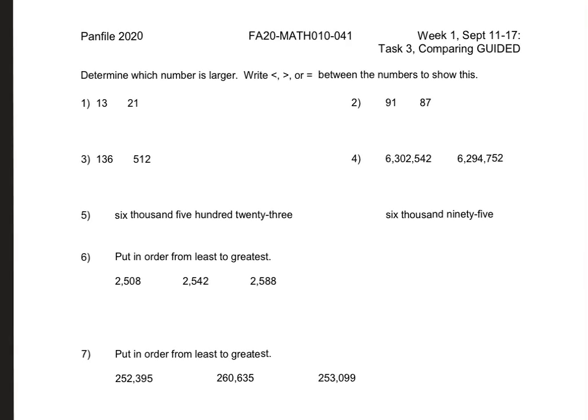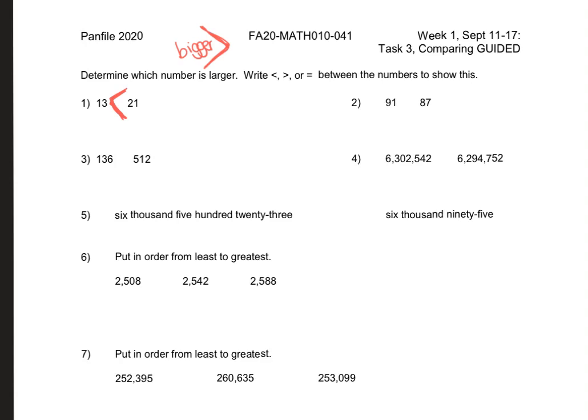That means if we are looking, here is the mouth, okay? The bigger number needs to be inside the mouth, okay? It doesn't matter if it's on the left or the right, but the bigger number needs to be inside of it, okay? So if we are looking at 13 and 21, it needs to be like that, right? 21 is bigger than 13.